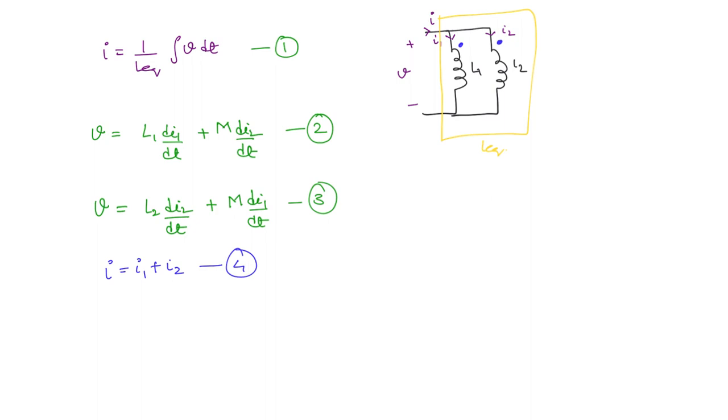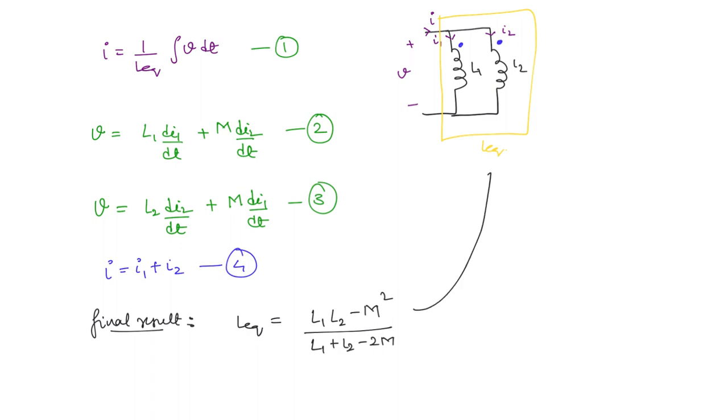Now using these four equations, you can get the L equivalent in terms of L1, L2 and M. The derivation is pretty big, so I will not be doing it here. I will write the final result. L equivalent, you are going to get L1 L2 minus M square divided by L1 plus L2 minus 2M. This is for this case.